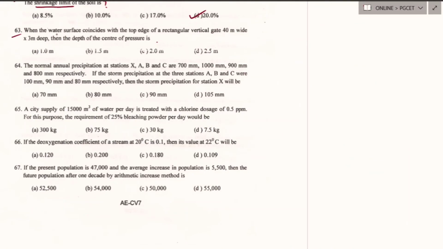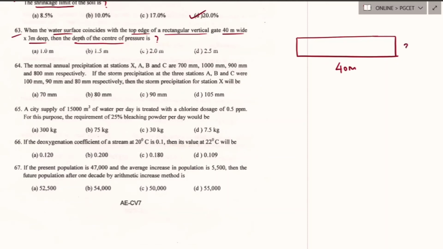Question number 63. When the water surface coincides with the top edge of the rectangular vertical gate 40 meter wide by 3 meter deep, then the depth of the center of pressure is. So let's consider a rectangular vertical gate of 40 meter wide by 3 meter deep. So we have to find the depth of center of pressure.